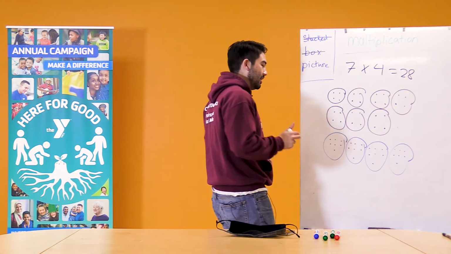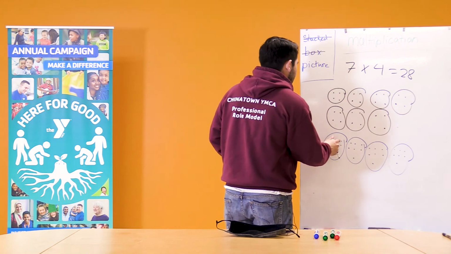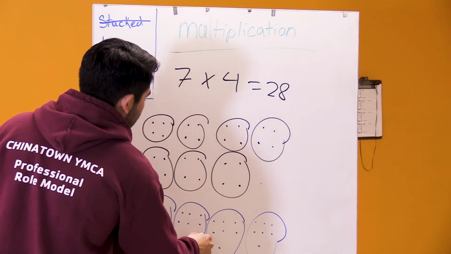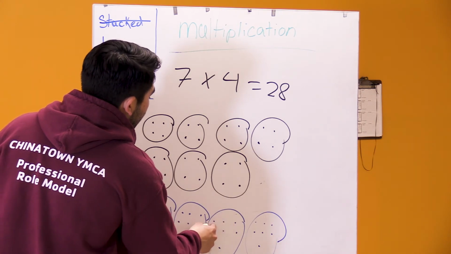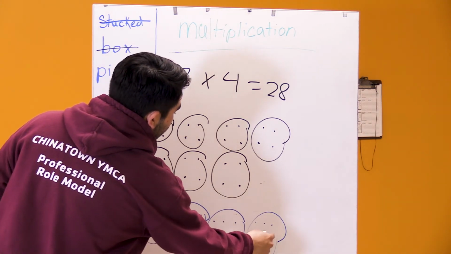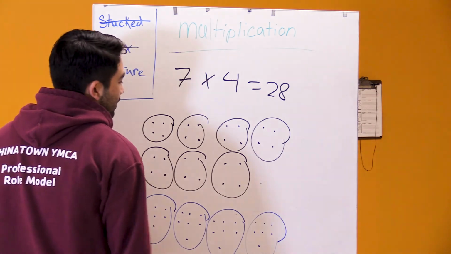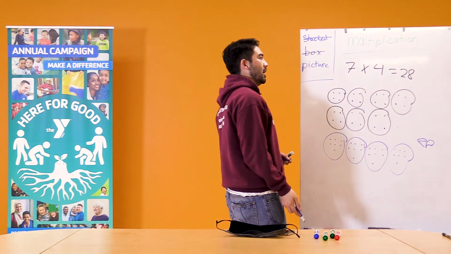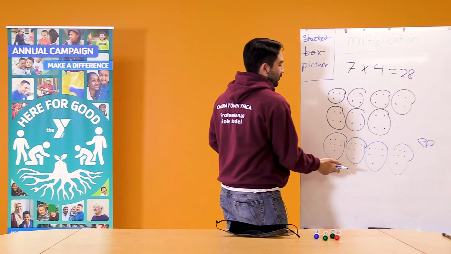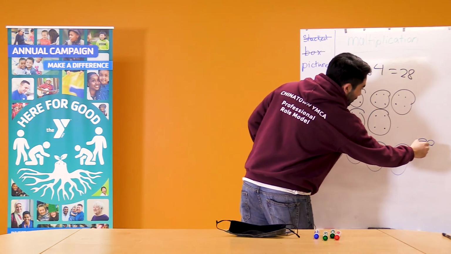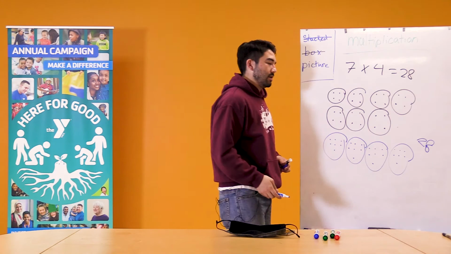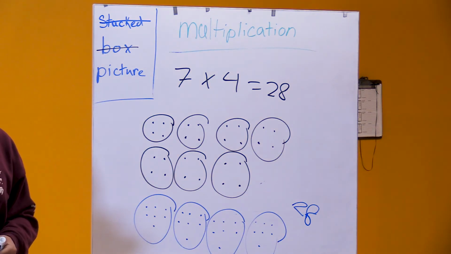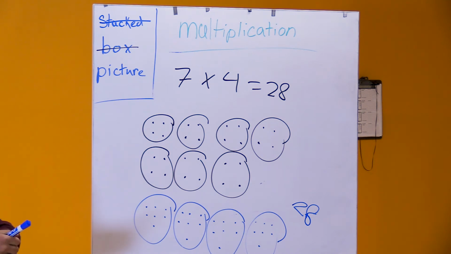Let me go ahead and count it up, so bear with me. 1, 2, 3, 4, 5, 6, 7, 8, 9, 10, 11, 12, 13, 14, 15, 16, 17, 18, 19, 20, 21, 22, 23, 24, 25, 26, 27, 28. So just like our 7 groups of 4, 4 groups of 7 is going to equal 28 also. So that's just another way to look at multiplication, and hopefully that helps you better understand the concept of it.